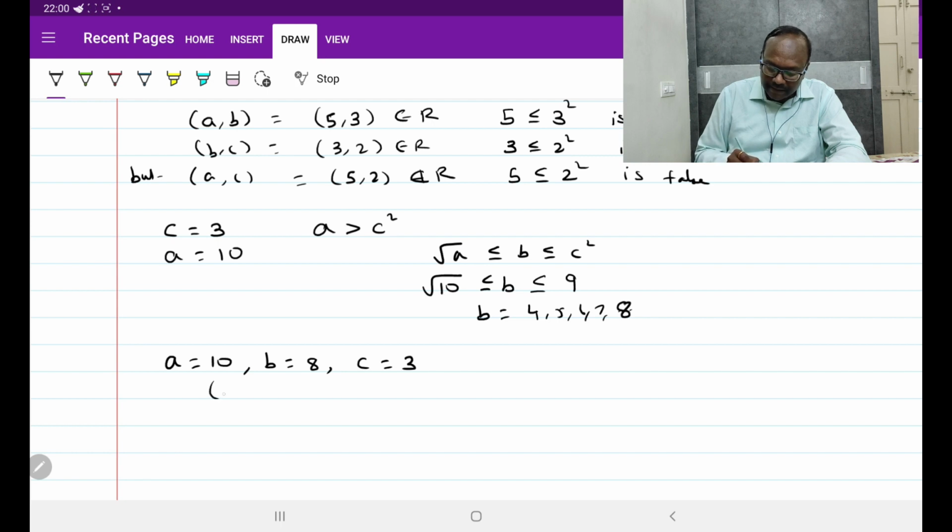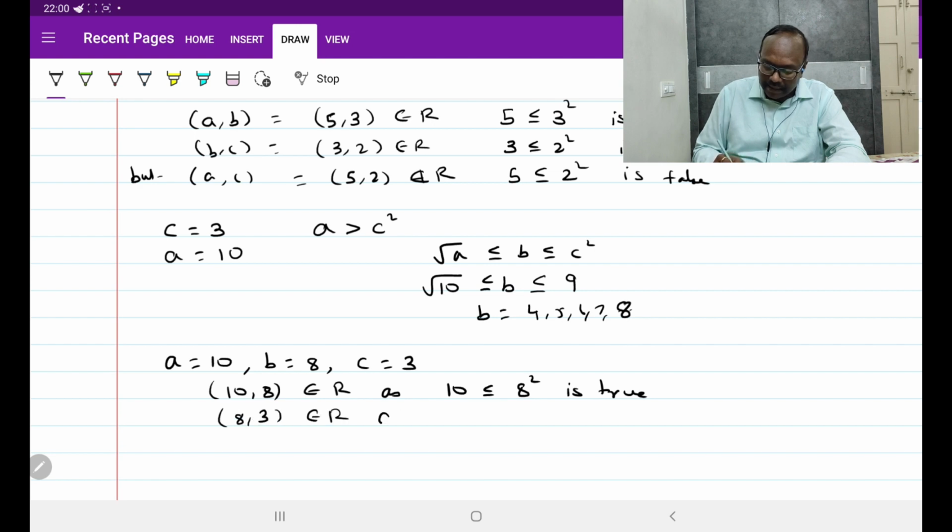Let us try to make an example. 10 comma 8 belongs to R, as 10 less than or equal to 8 square is true. And B comma C, that is 8 comma 3, also belongs to R, as 8 less than or equal to 3 square, which is 9, is true.